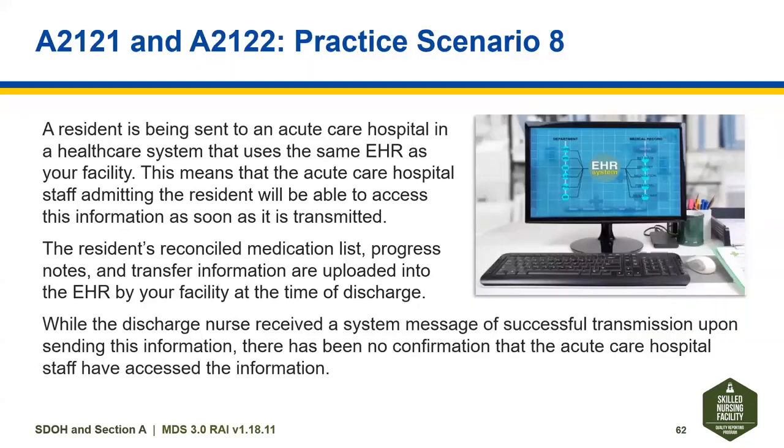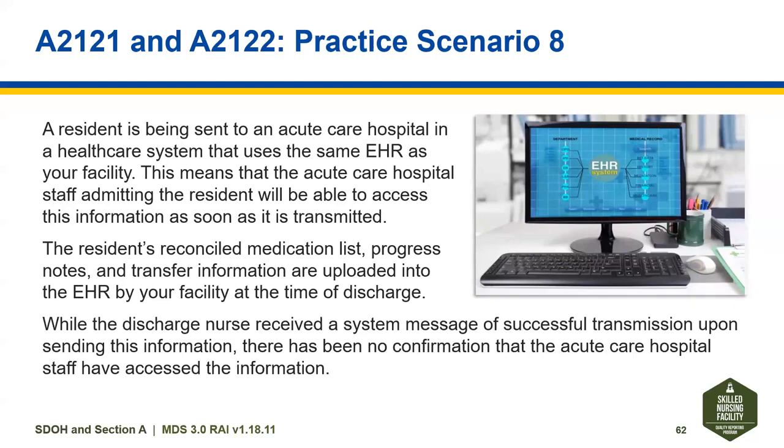So here's our practice scenario for both A2121 and A2122. A resident is being sent to an acute care hospital in a healthcare system that uses the same EHR as your facility. This means that the acute care hospital staff admitting the resident will be able to access this information as soon as it's transmitted.